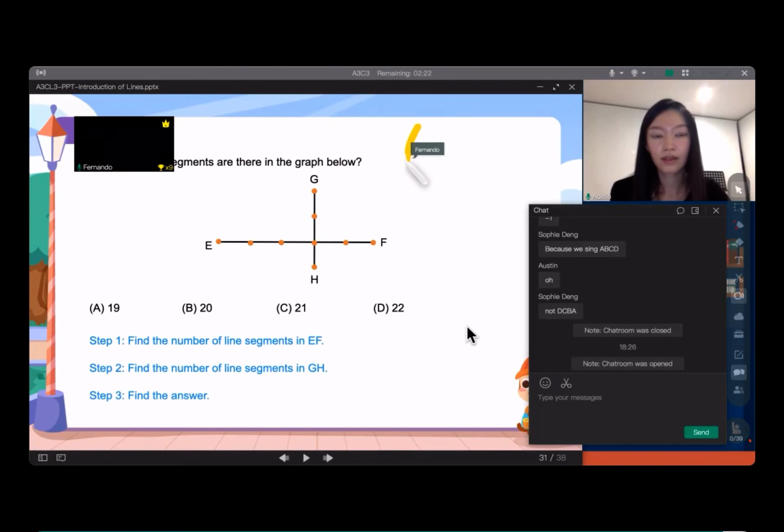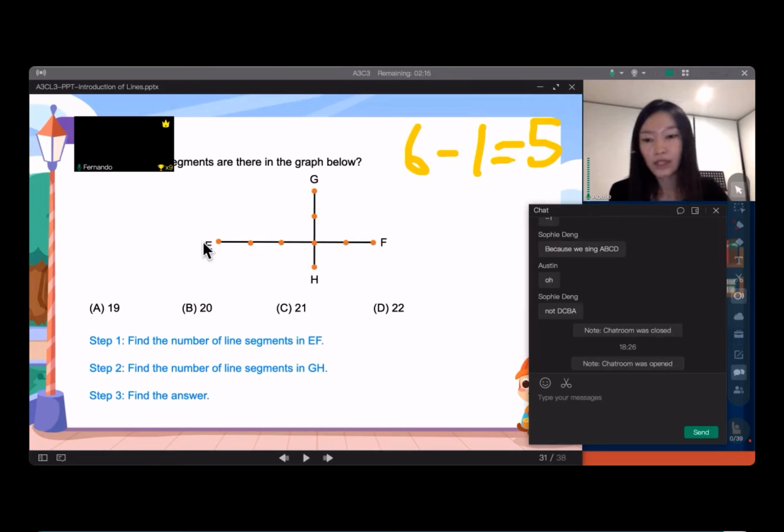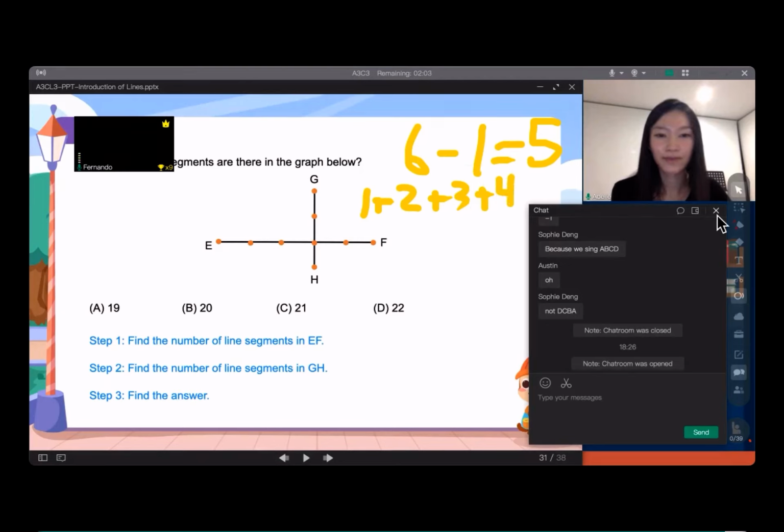So 6 minus 1 equals 5. And which segment are we looking at first? The EF, right? Yep. 1 plus 2 plus 3 plus 4 plus 5 equals 15.